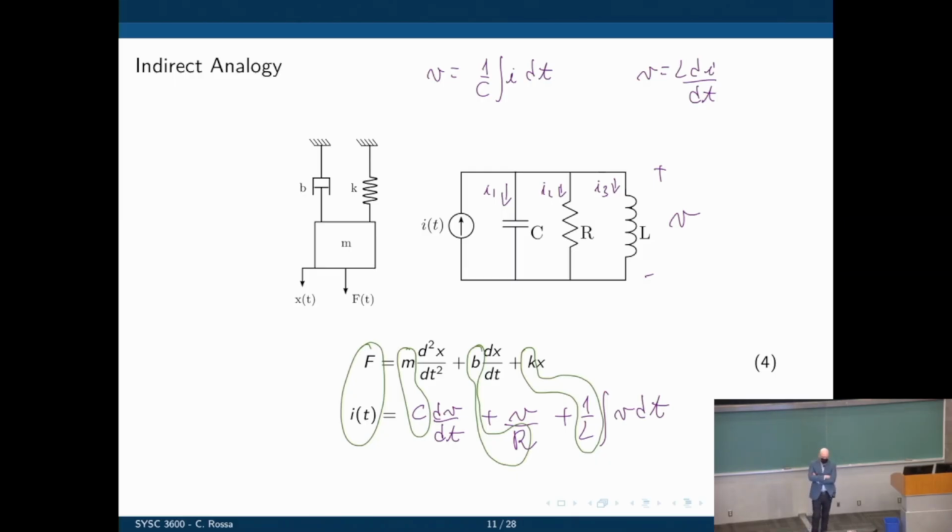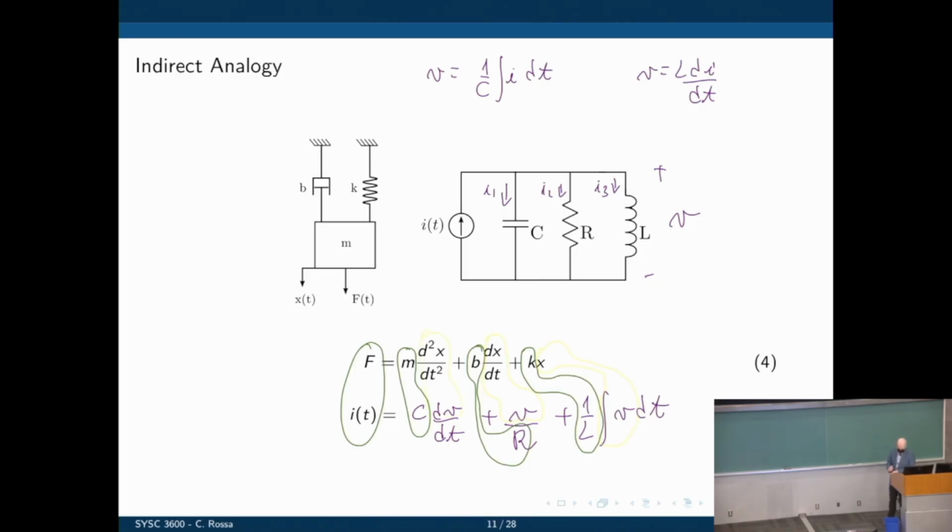We're saying that the integral of V equals X. We say that the derivative of X equals V, and the second derivative of X is equal to dV.